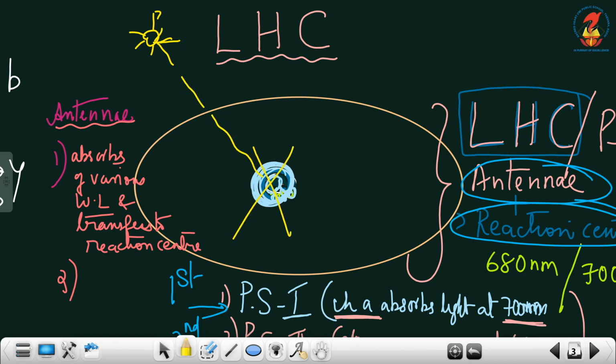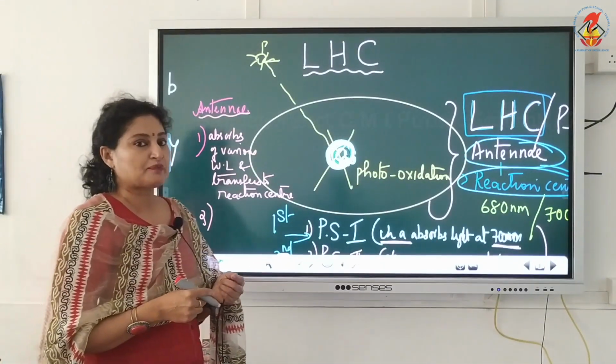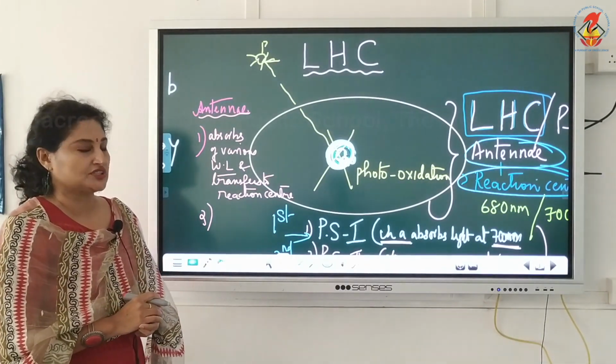this chlorophyll A would get destroyed, and that process of destruction of the chlorophyll by the sun's light is known as photooxidation. If the pigment molecules were not surrounding chlorophyll A, the reaction center, it would have been destroyed by photooxidation.